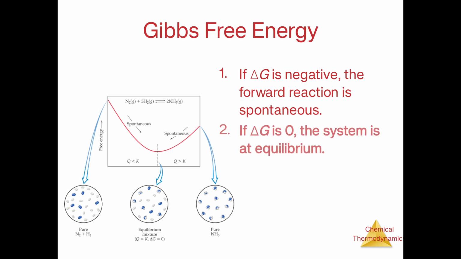So if the change in Gibbs free energy is negative, it means the forward reaction is spontaneous. This is the most important significance we should understand. If the change in Gibbs free energy is zero, it means definitely the system or the reaction will reach its equilibrium state.